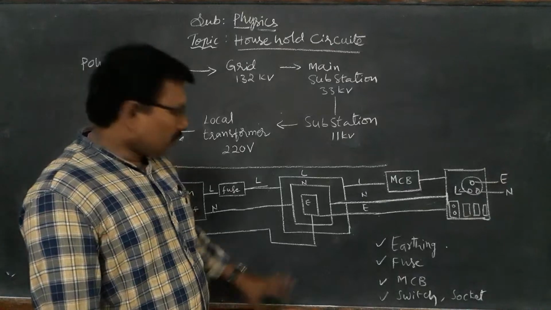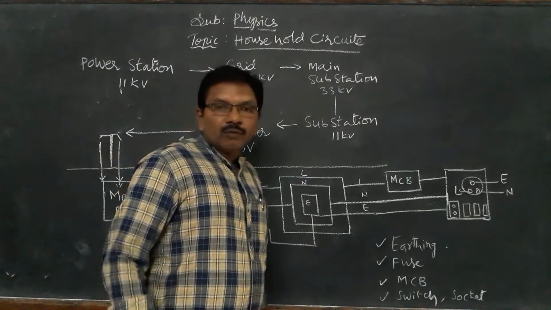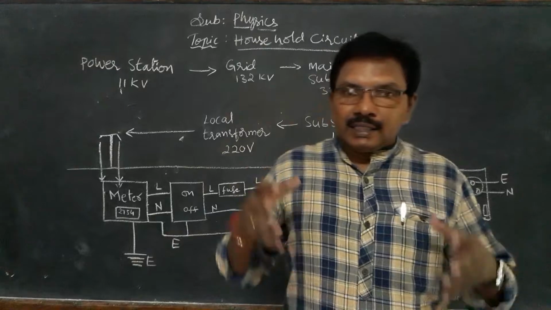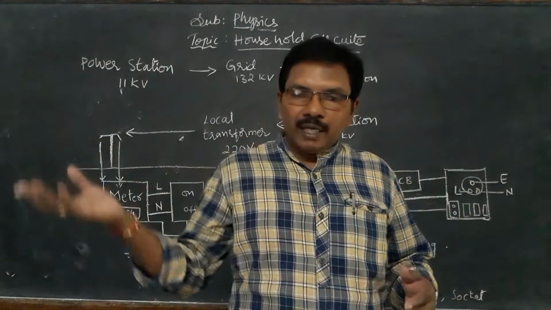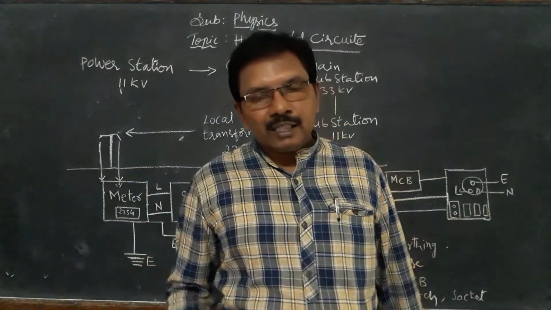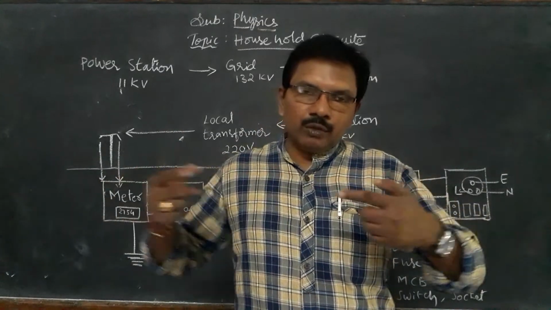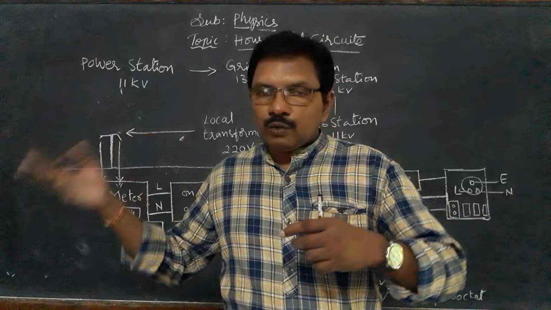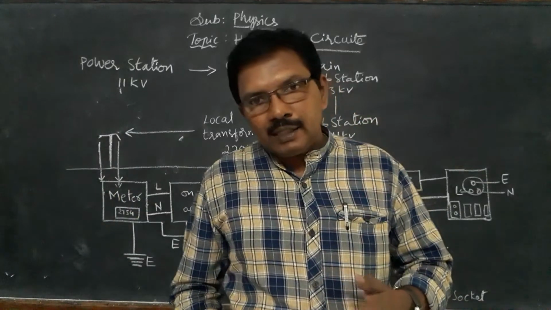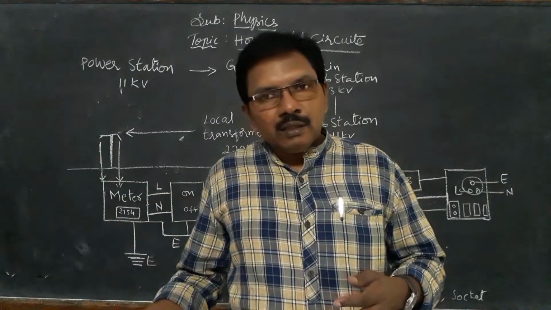So what is the use of this ring system? We can connect the current to the appliances in parallel connection. Parallel connection means individual connection. No need to continue from one to another, because if anything is damaged, the power will not continue.